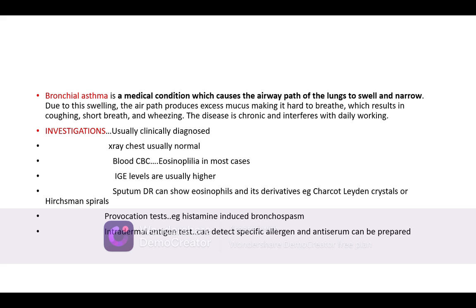Then you have to confirm it by the intradermal antigen test. In extrinsic type of asthma you can detect a specific allergen, and you can make serum. Anti-serum can be prepared and injected intermittently for 2 to 3 months. It can benefit some groups of patients.